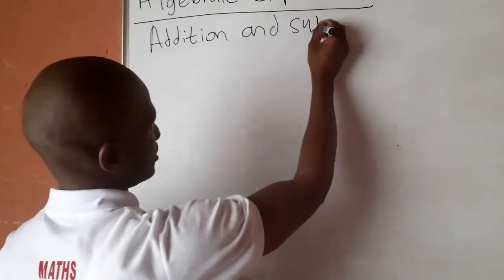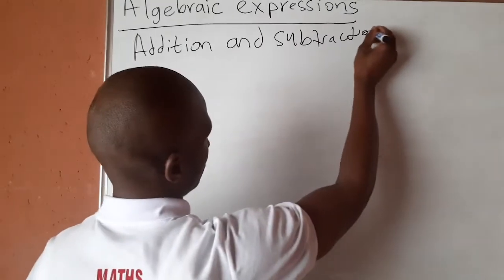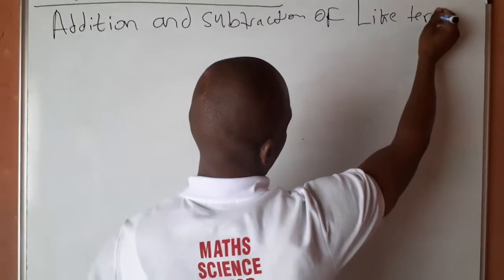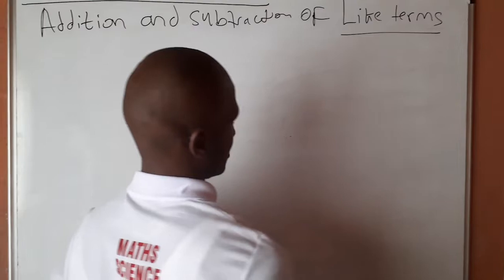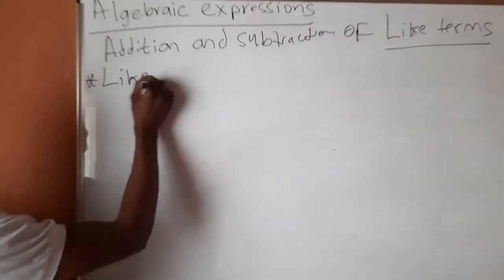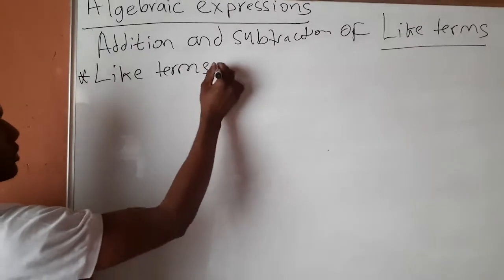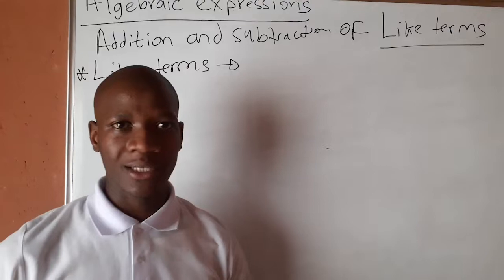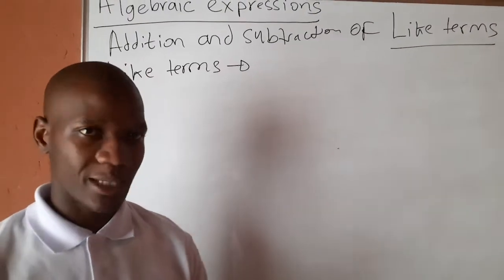Addition and subtraction of like terms. Like terms have the same base and same exponents in order to be added or subtracted.